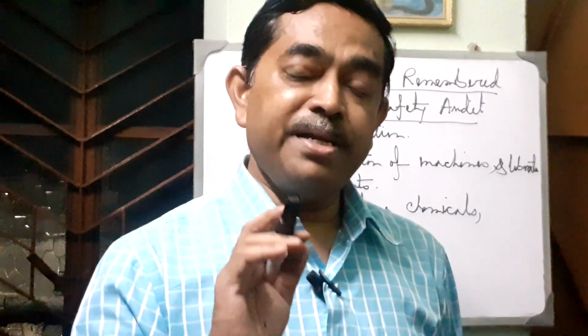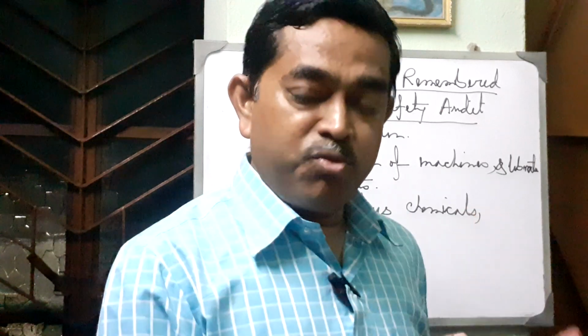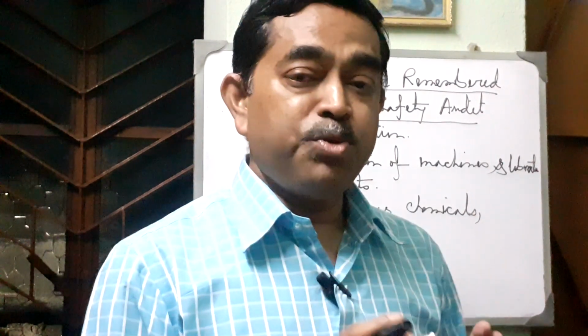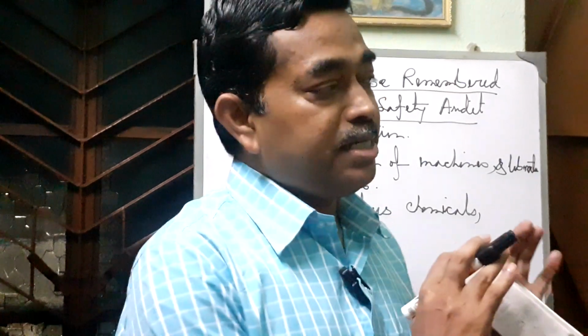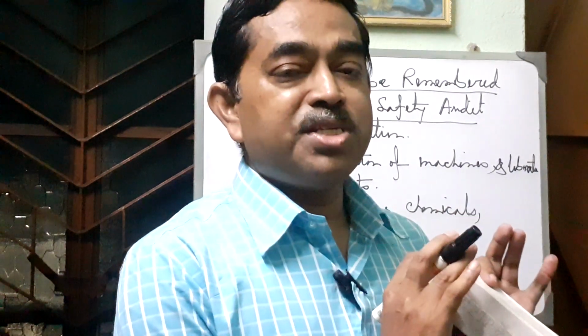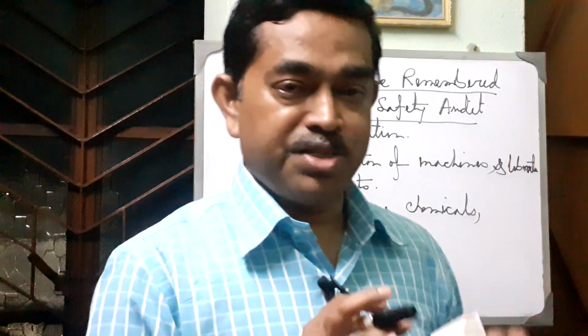This is mandatory for the food safety audit, and you have to remember it and take care of it. These hazardous chemicals must be under lock and key, in a separate place.